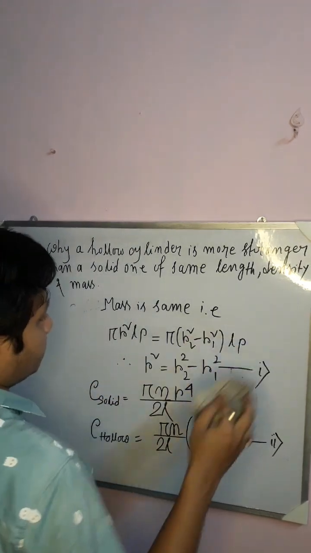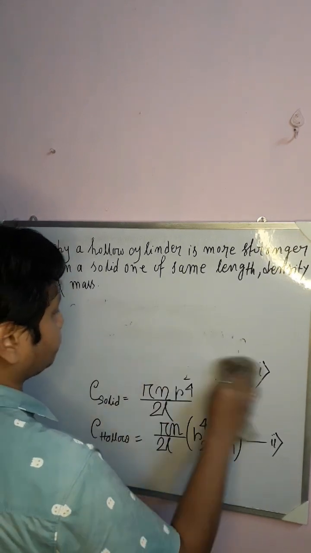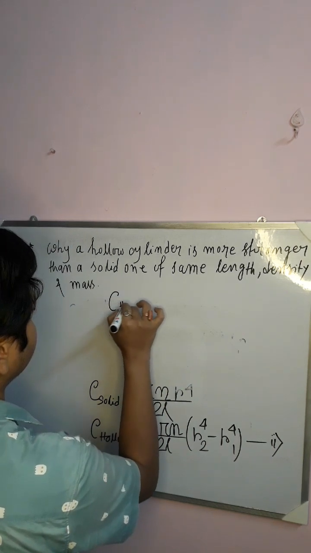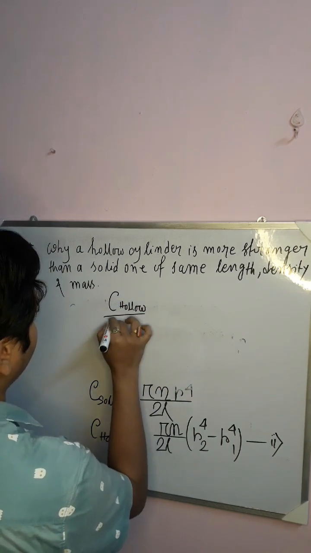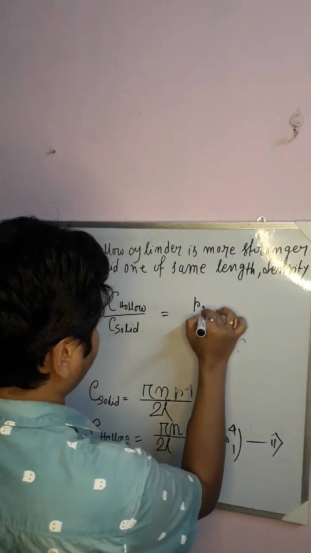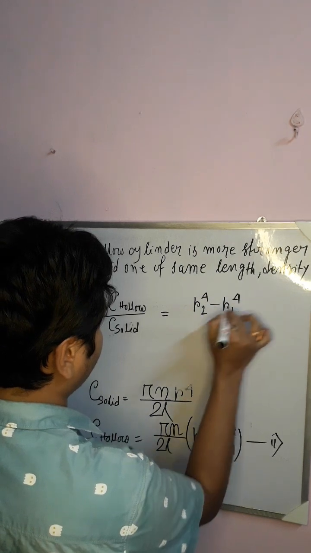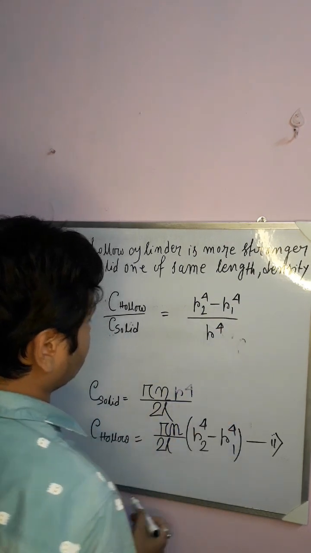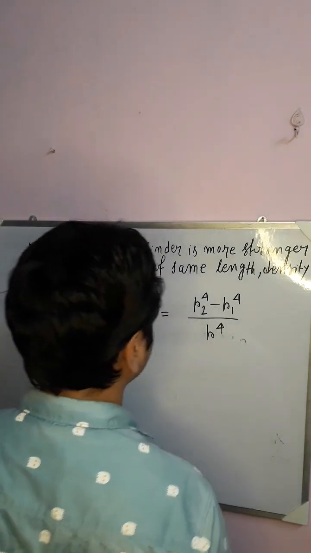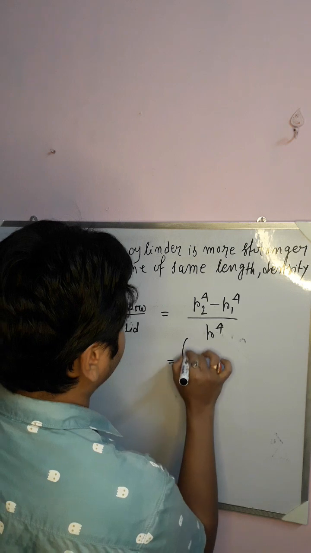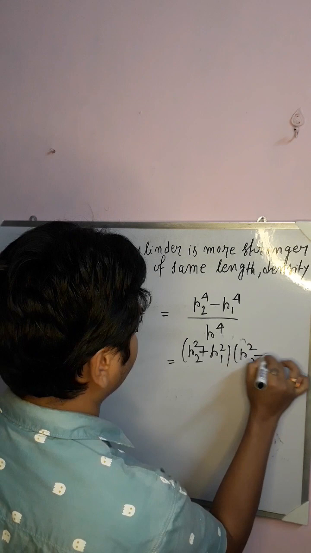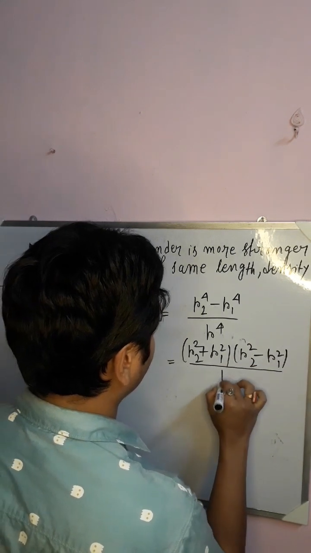So if we divide these two, then what we get is C hollow by C solid, that is (R2 to the power 4 minus R1 to the power 4) by R to the power 4. So we can write this as (R2 square plus R1 square)(R2 square minus R1 square) by R to the power 4.